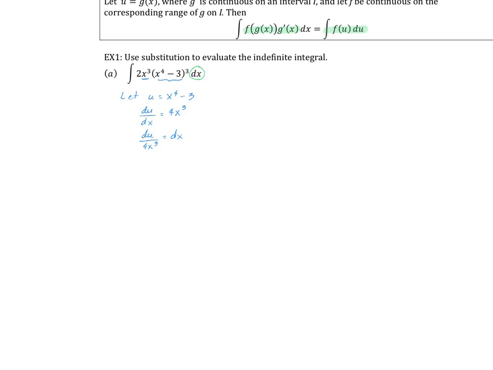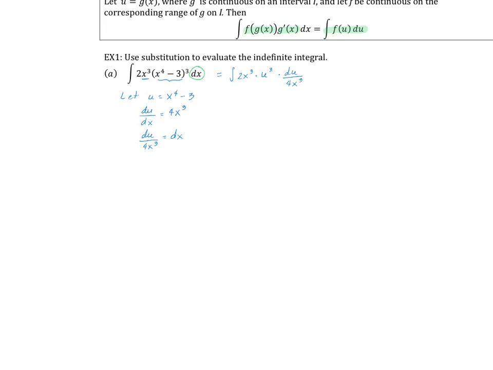So now let's just do a substitution here. I'm going to have the integral of 2x to the third. The x to the fourth minus 3 is u, so it's going to be times u to the third. And then my dx is du over 4x to the third.